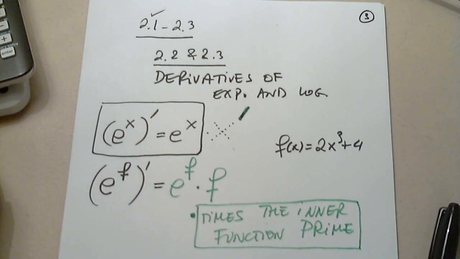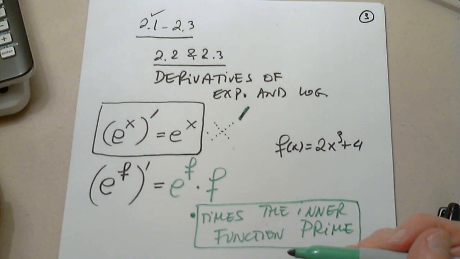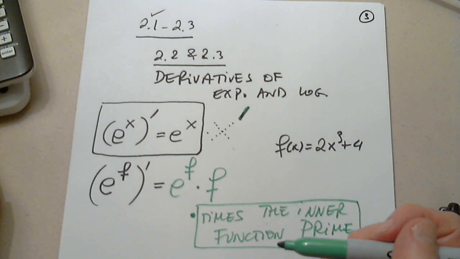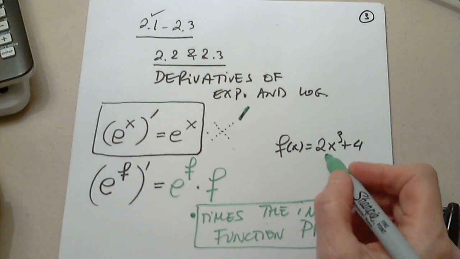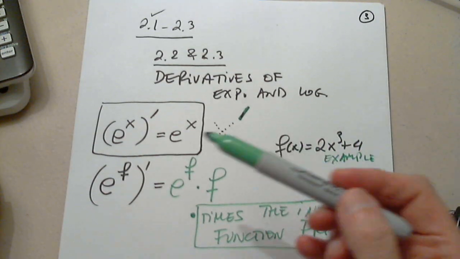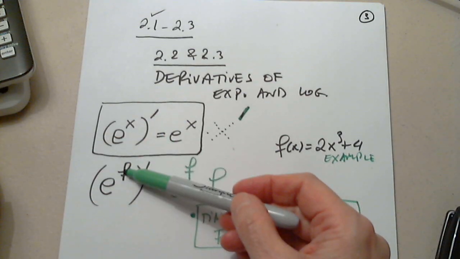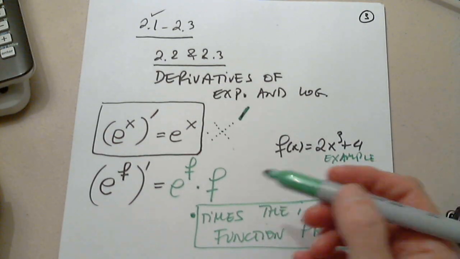So then what is the correct formula? Would it be 6x squared times? This was just an example, just to make sure that you understand that f is not x. F is anything else. So can anyone help us finish the formula?